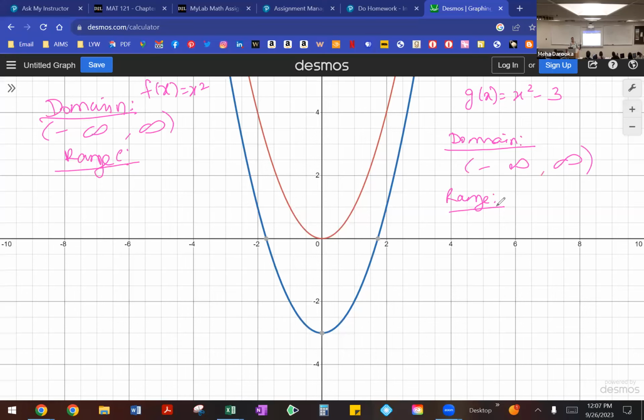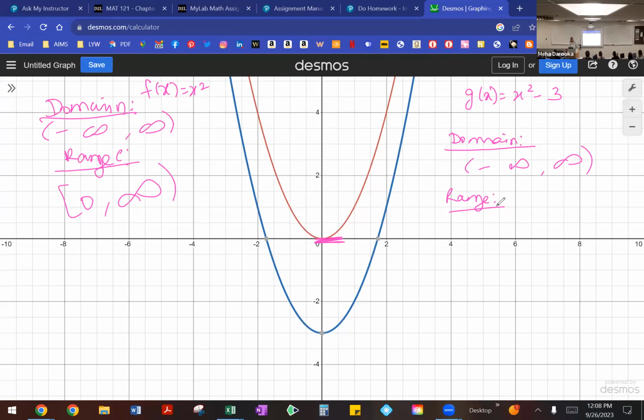What is the range for the original function? That's the one in red. Because your lowest point on the y-axis is 0, you're starting at 0, and of course you're heading upwards to infinity.